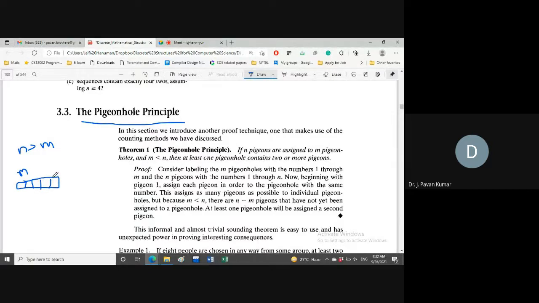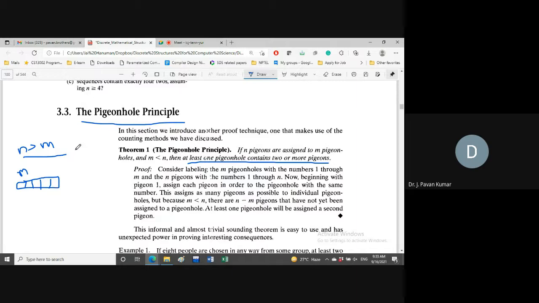So what is the observation that we can claim from this? At least one pigeonhole contains two or more pigeons. Whenever n is greater than m, then at least one pigeonhole will contain more than one pigeon. That is the conclusion that we can draw from this particular case. Whenever n is greater than m, then only that is the case.